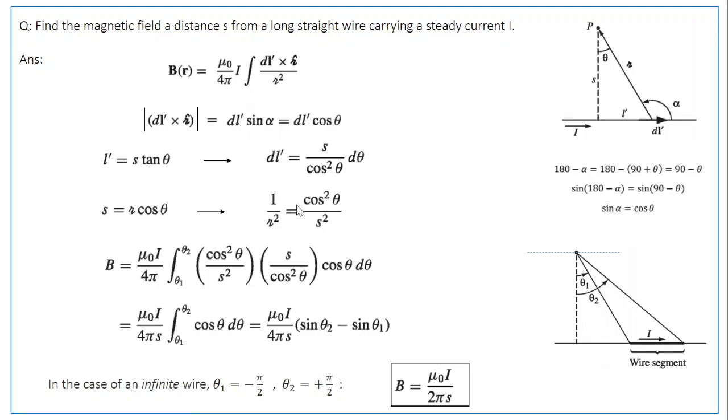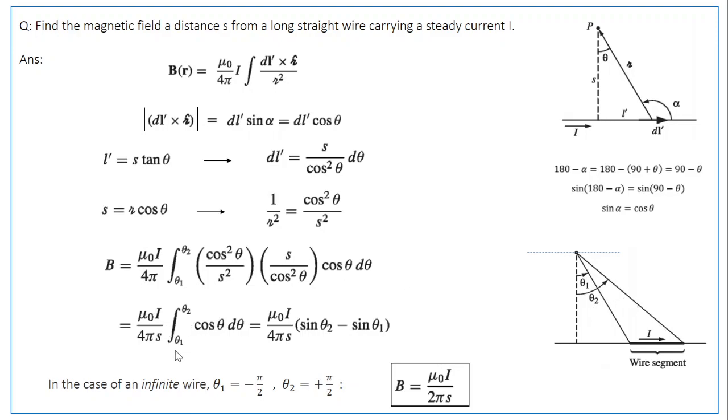Now I can substitute all of them back here and write mu naught I divided by 4 pi, integral 1 over r square is cos square theta divided by s square, and dl cross r is s divided by cos square theta, cos theta d theta. And what are the limits of the integral? Suppose the angle at this end is theta 1 and the angle at this end of the line element is theta 2.